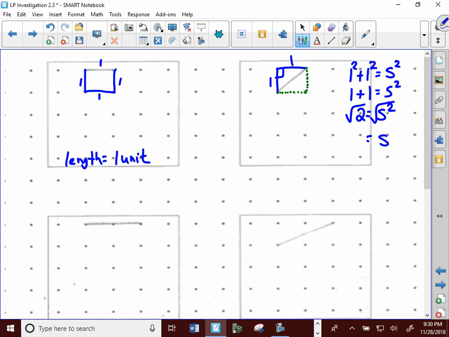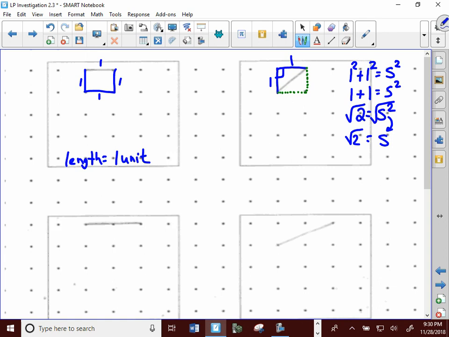When I square root both sides, the square root of s squared is s. And then I can leave my answer as either the square root of 2, okay, because that's a more exact answer than when I take the decimal form and round it, right? The square root of 2 is a value, okay? So, you know, that's pretty easy.